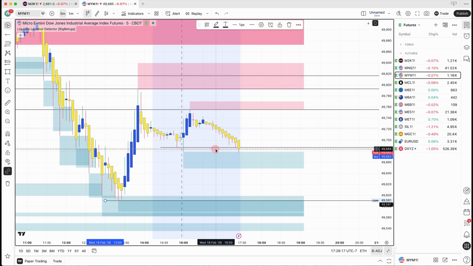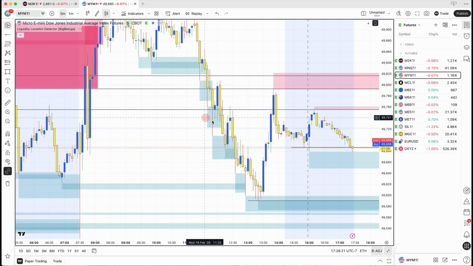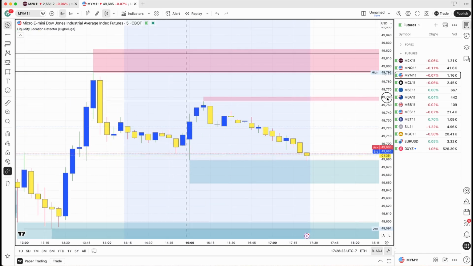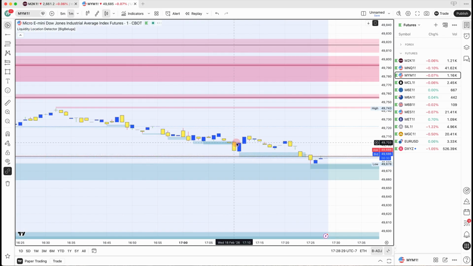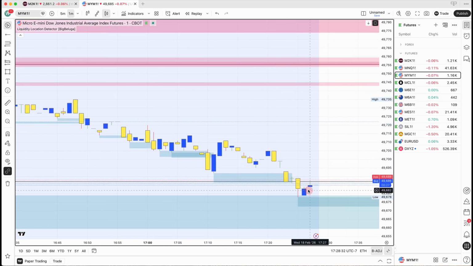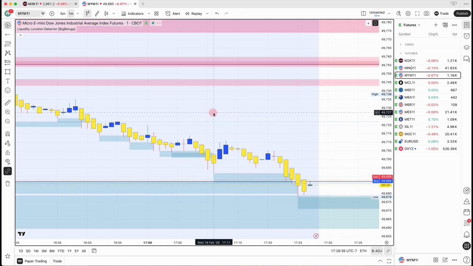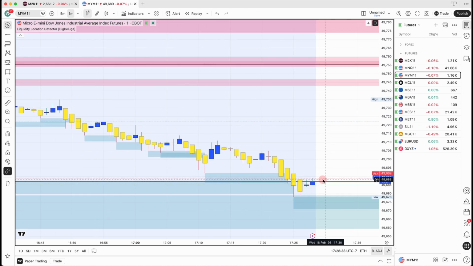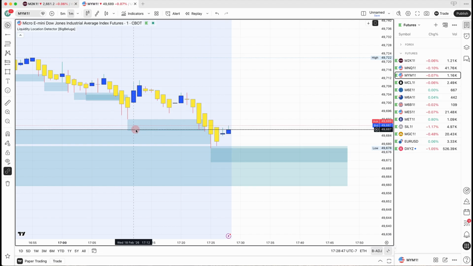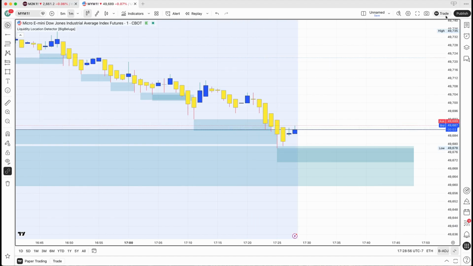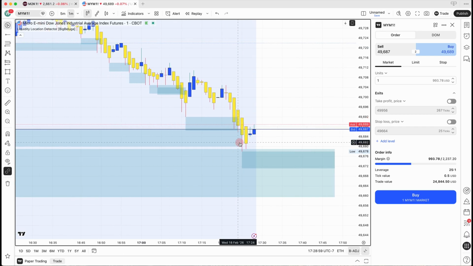What I am anticipating is that we're going to get an up bar here. And if price closes above that bar, which it looks like it might, if price closes above that little line that I just drew, we are going to do a buy, because that's my current strategy.